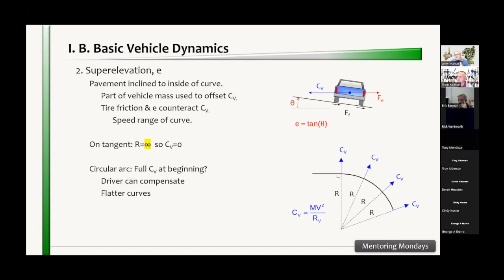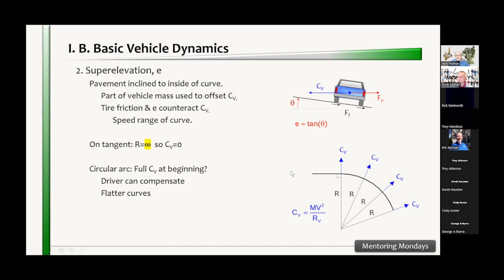So when a car goes around a curve, we're using the superelevation and the friction factor of the tires in contact with the pavement to counterbalance that centrifugal force acting on it. Now, the tire friction and the superelevation rate together define a speed range for a curve, which we'll talk about in a second or so.